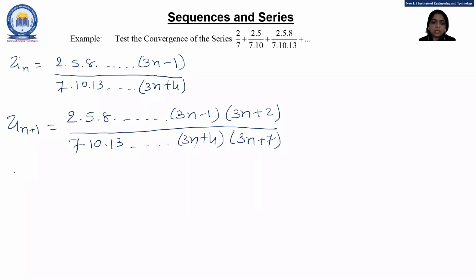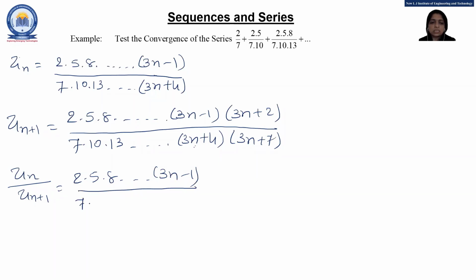Now I am taking the ratio of un and un plus 1. So what is my un? 2, 5, 8 up to 3n minus 1, and in the denominator 7, 10, 13 up to 3n plus 4. See, this is just un, right?